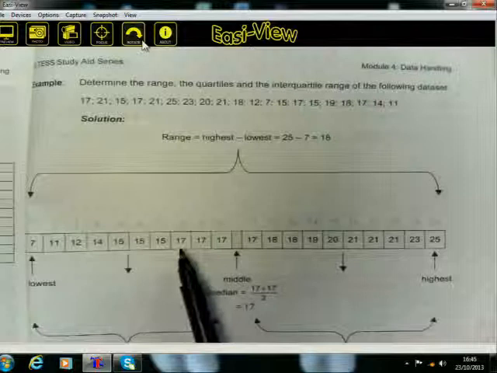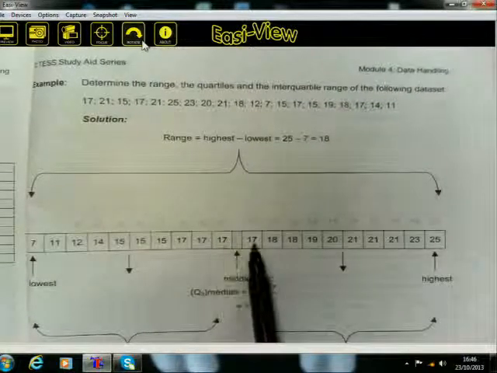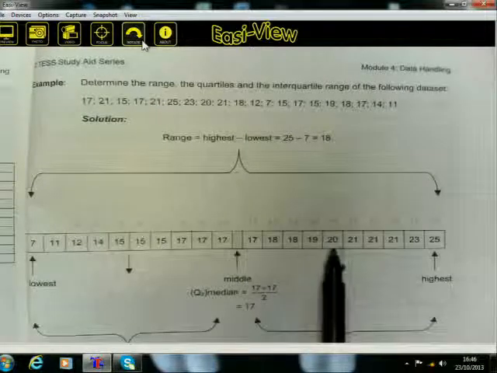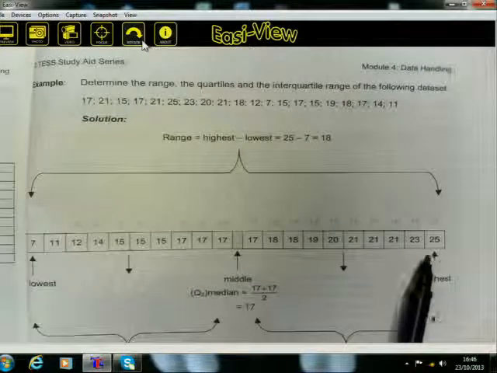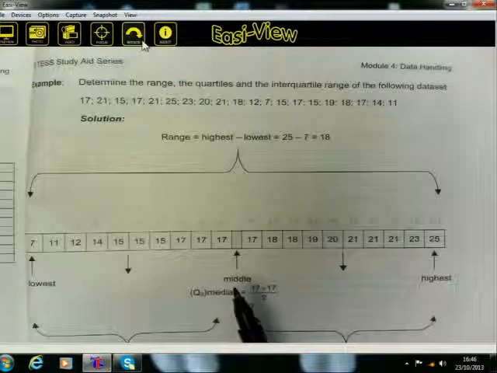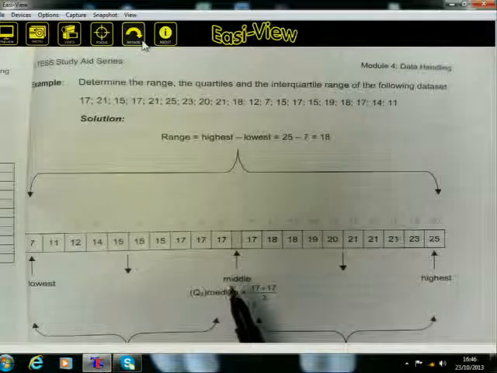And then it is 17, 17, 17, 17, 18, 18, 19, 20, 21, 21, 21, 23, 25. Do you see that? We rearranged them from the smallest to the highest.